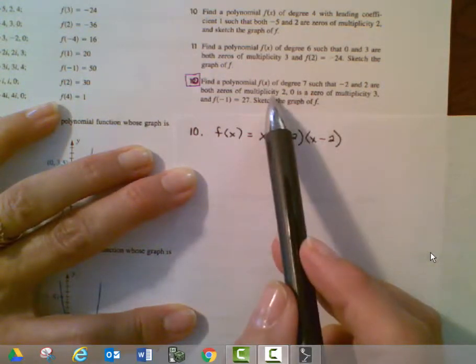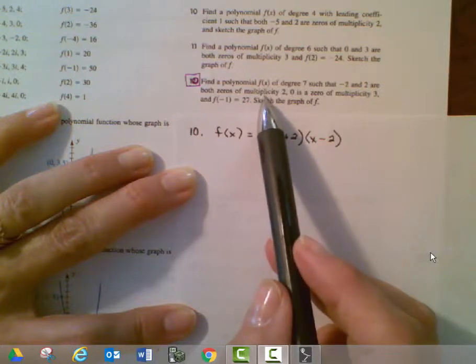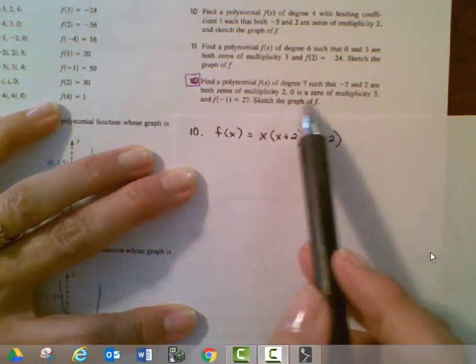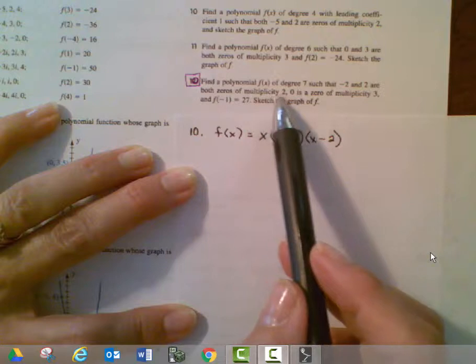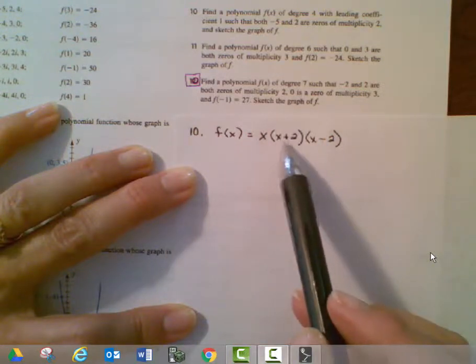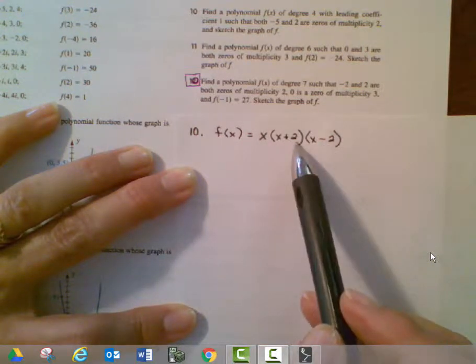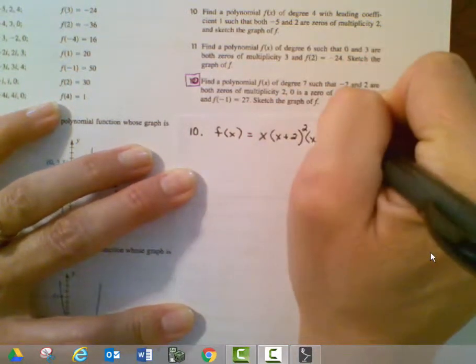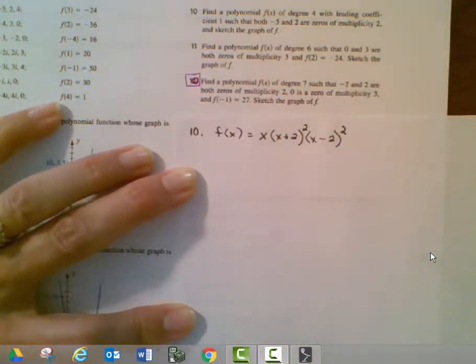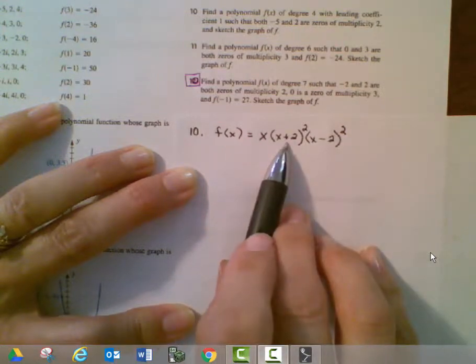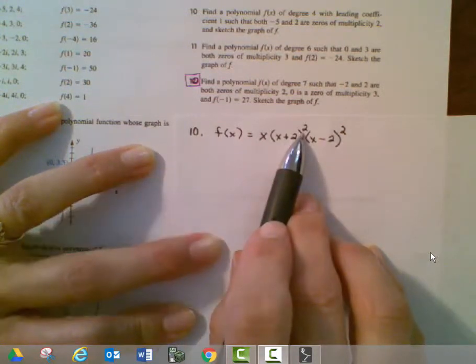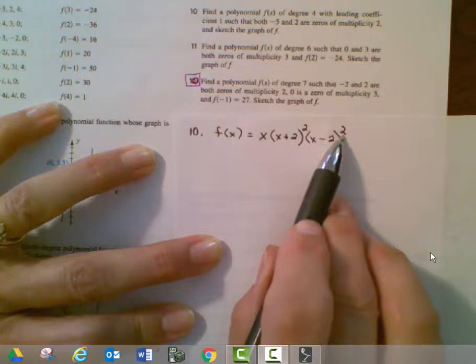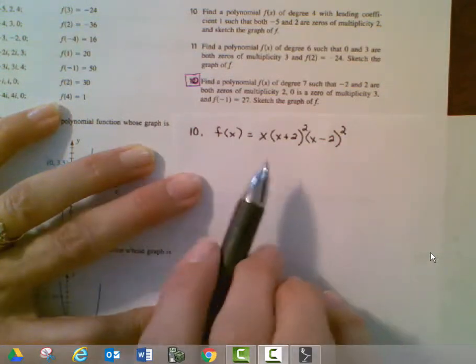So I have to figure out what to do with these multiplicities. -2 and 2 are both zeros of multiplicity 2. What does that mean about these two factors? It means their exponents are 2. Now, -2 is a zero of multiplicity 2, and +2 is a zero of multiplicity 2.